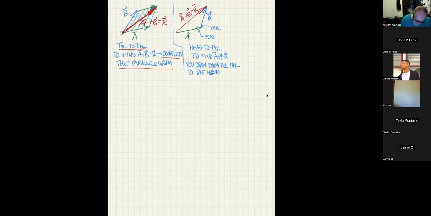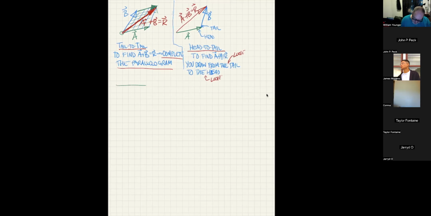So now I've done the two ways to add two vectors. When you're adding two vectors that are tail to tail, you complete the parallelogram. However, when you add them head to tail, you draw from the loose tail to the loose head. So I might put loose. Now there's another mathematical operation.